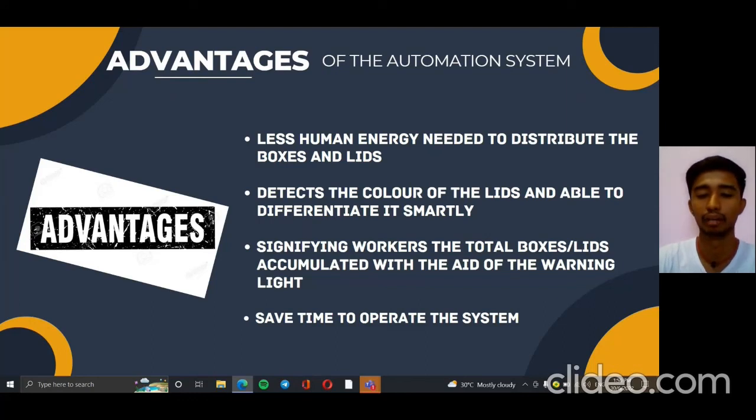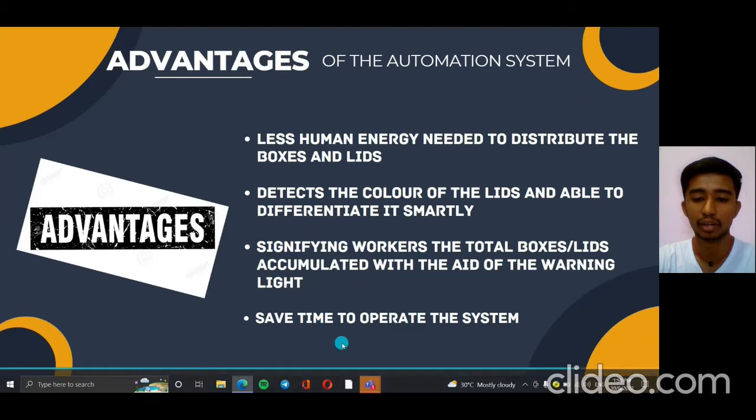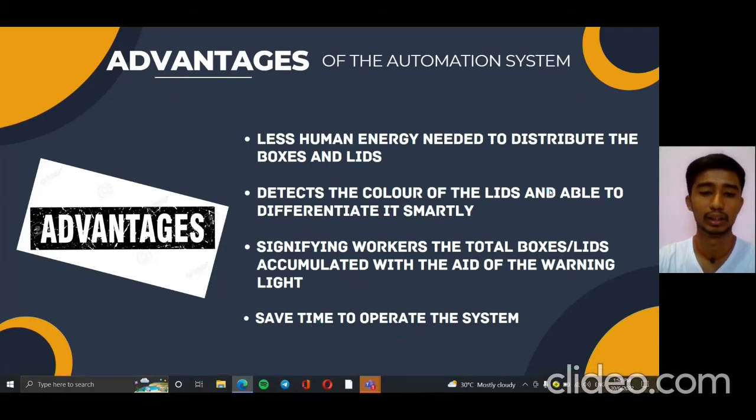For example, if each box has 20 leads, the warning light will warn after the 20 leads have been collected. The fourth one is saving time to operate the system. The workers won't be delayed, and it will save their time in distributing as well. That is the advantages of the automation system we have built.